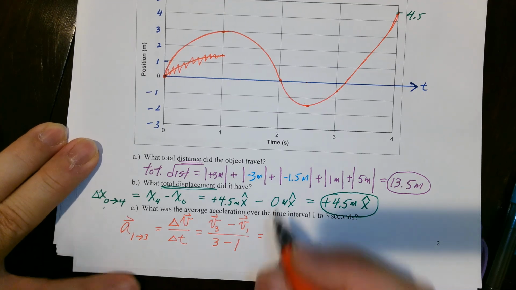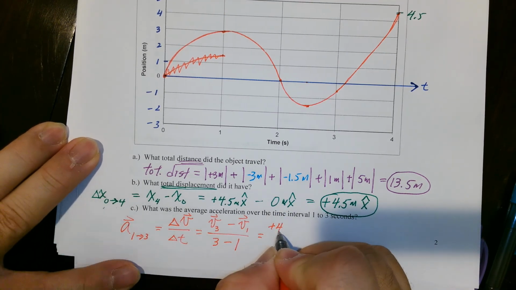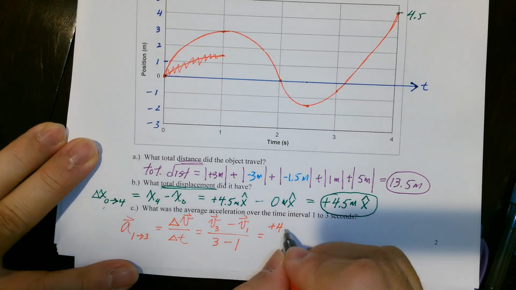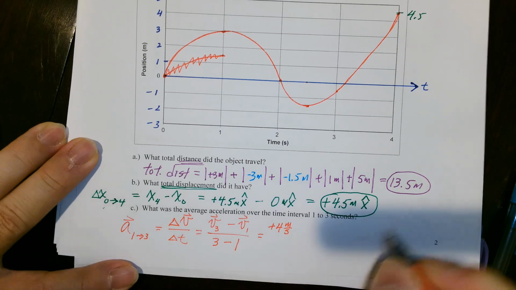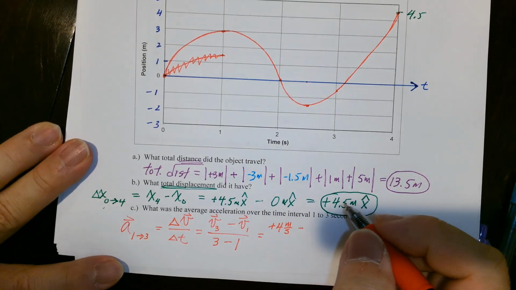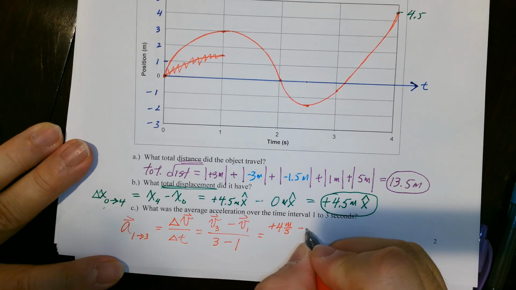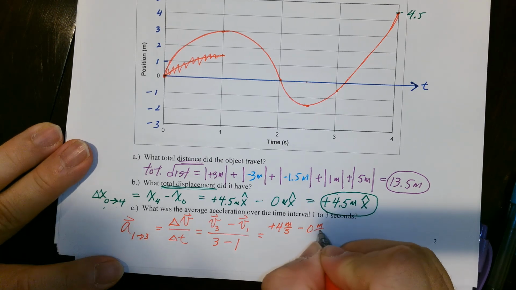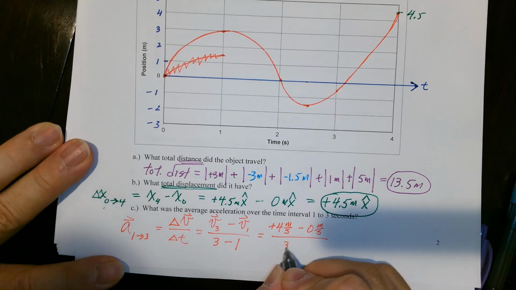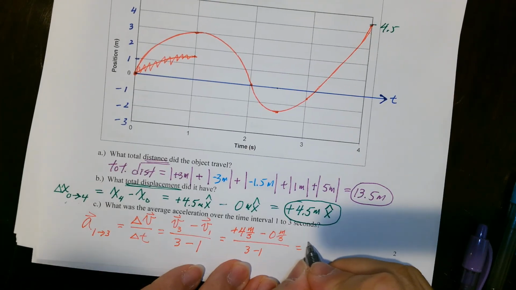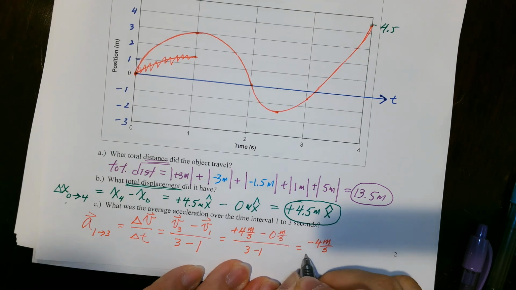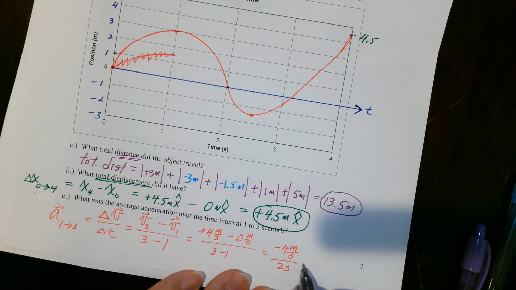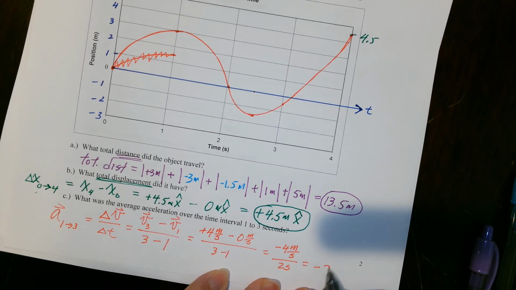Positive 4, right? Meters per second, minus velocity at 1 second is 0 meters per second, over 3 minus 1. Therefore, positive 4 meters per second over 2 seconds gives you negative 2 meters per second, or 2 meters per second squared x hat.